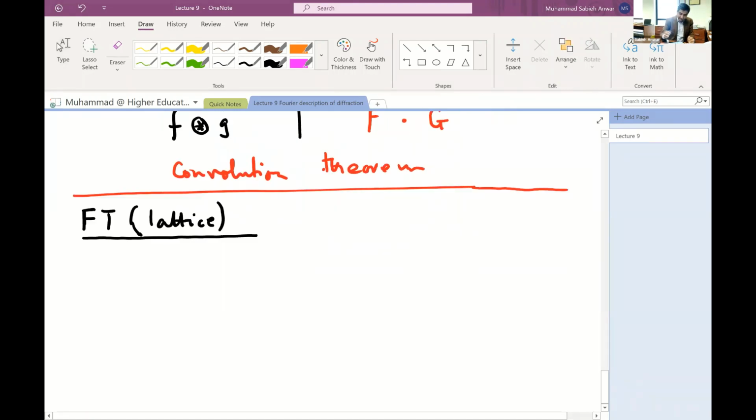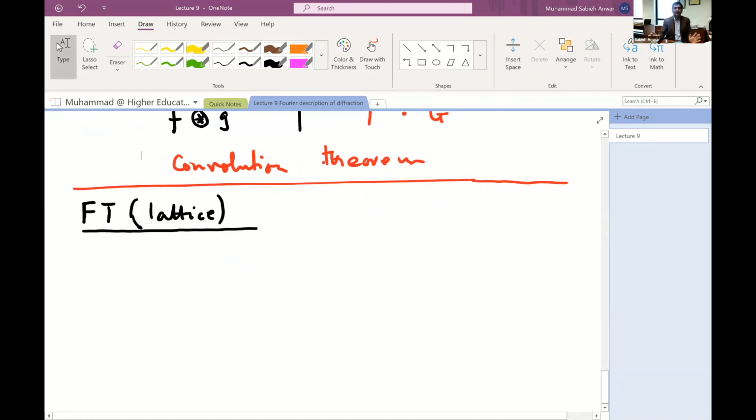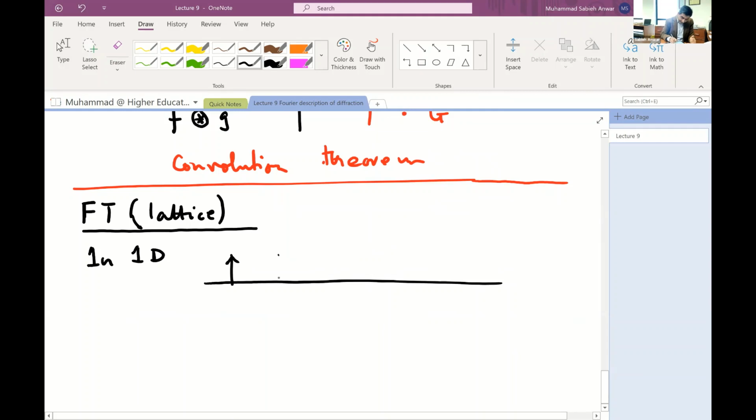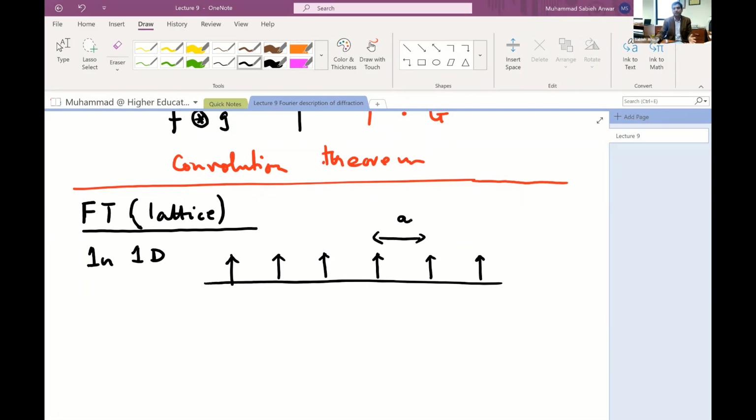Now, what is the lattice? The lattice is a set of points. Let's do something really simple. In one dimension, a lattice can be represented by a set of Dirac delta functions, and the spacing between these functions is A. A Dirac delta function is such that it's zero everywhere, but it just spikes at a particular point, and that's what a lattice is.